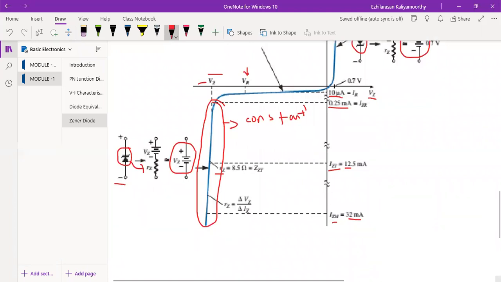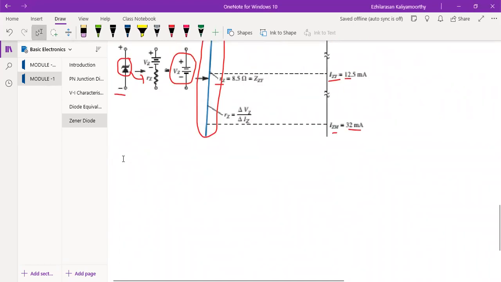So what we'll do, let us see how we can use the Zener diode as a voltage regulator. That is one very important thing. The Zener diode as a voltage regulator.